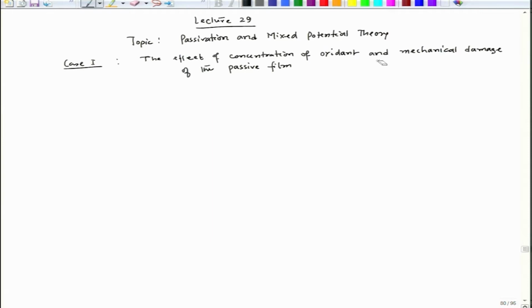So, when we try to do that, we will be considering activation control mode of cathodic polarization.